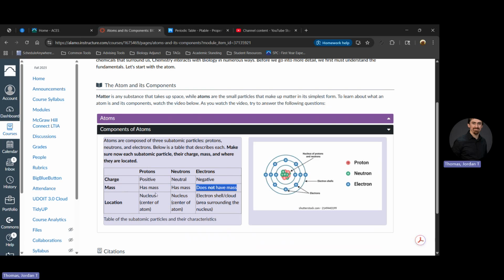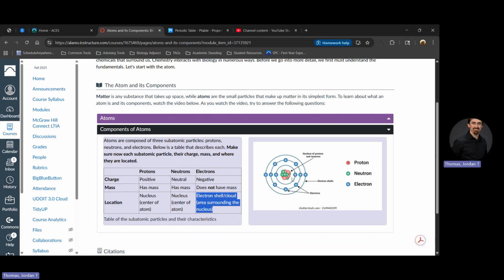Compared to protons and neutrons, they are so small we don't even say they have a mass. They weigh nothing. In addition, their location is different. They are in what's called electron shells or electron clouds. These rings around the nucleus are shells. Each one holds a certain amount of electrons, which are these blue circles.